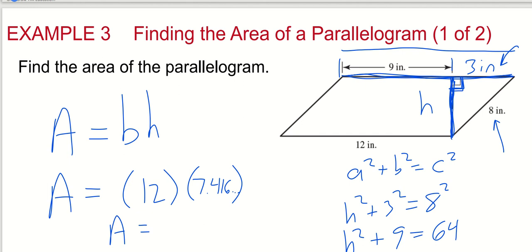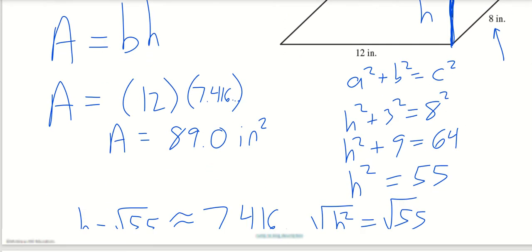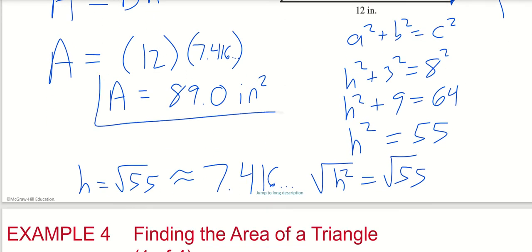If I round it to the nearest tenth, it's 88.99, which is going to end up rounding to 89.0. And because the units were in inches, that means that the area will come out in terms of square inches. So the area of that parallelogram is 89.0 square inches.